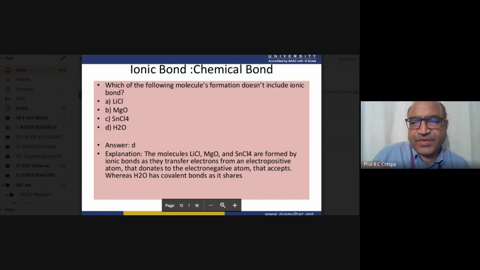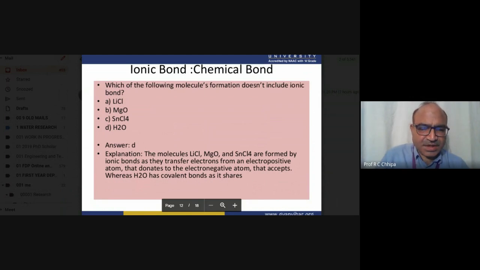In water, oxygen is bivalent and hydrogen is monovalent. One electron from each hydrogen atom and one from the oxygen are shared as an electron pair, and that is a covalent compound.